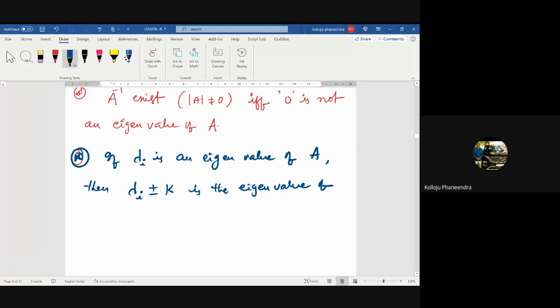That means lambda I plus k or lambda I minus k is an eigenvalue of A plus or minus kI. This is one more.